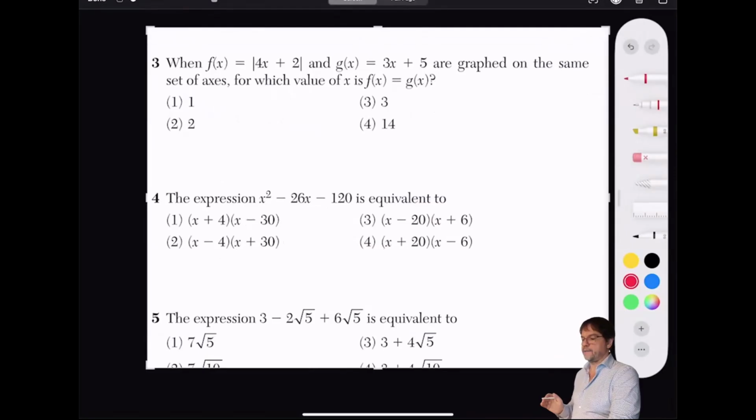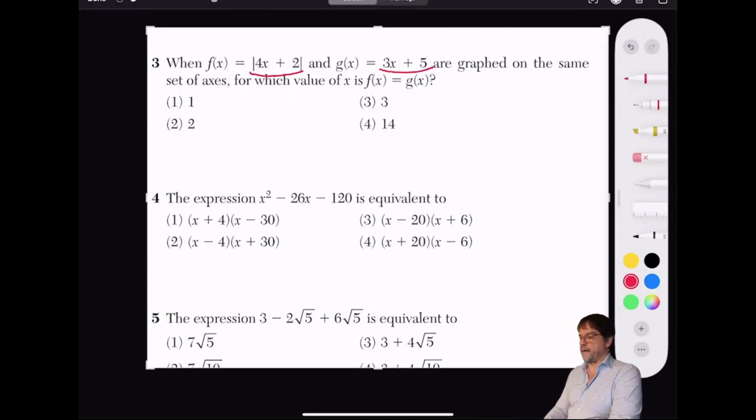When f of x is equal to the absolute value of 4x plus 2 and g of x is equal to 3x plus 5 are graphed on the same set of axes, for which value is f of x equal to g of x? So when this is equal to this, is that okay?